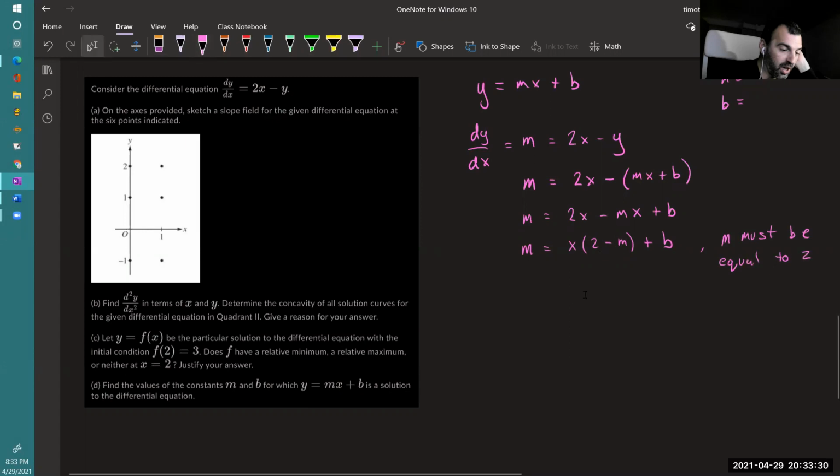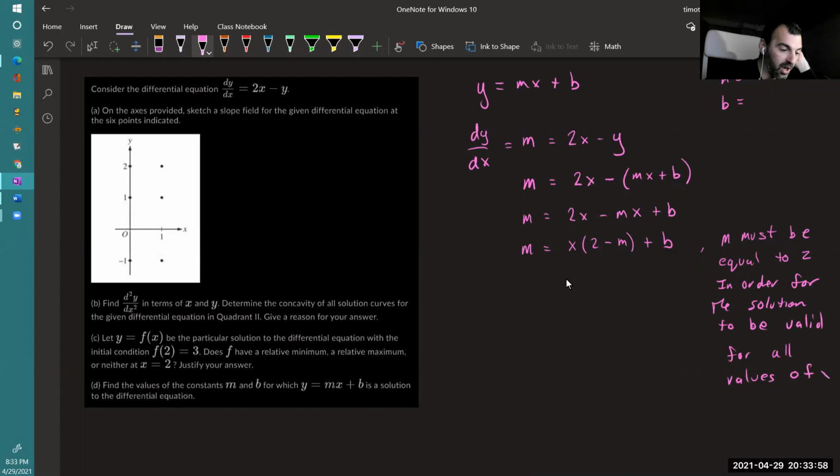I'll write that out: in order for the solution to be valid for all values of x.